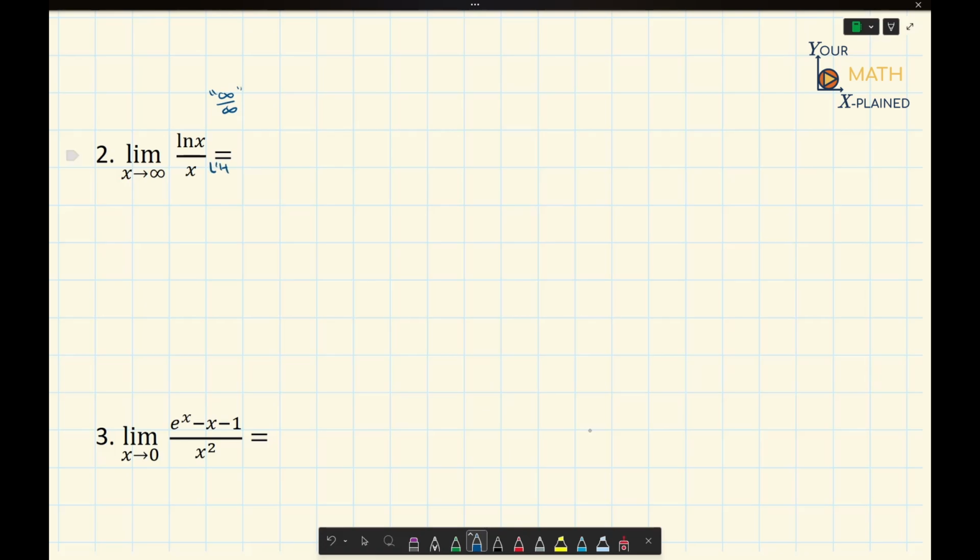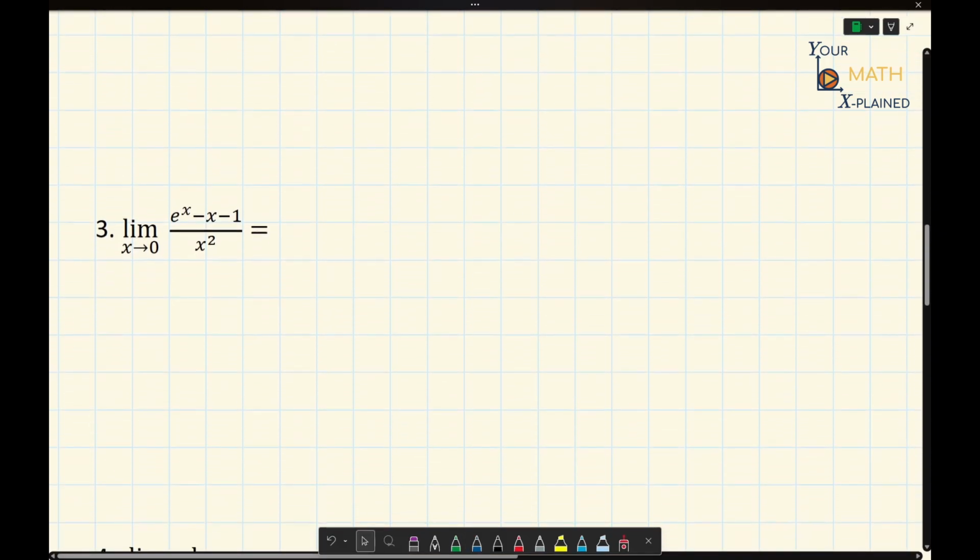So this is equal to the limit as x approaches infinity of the derivative of ln of x, which is 1 over x, and then the derivative of x is just 1. And now we no longer have an issue because our denominator is 1. So if we attempt to do a direct substitution here, this ends up being 0 over 1. So therefore, our answer here is equal to 0.